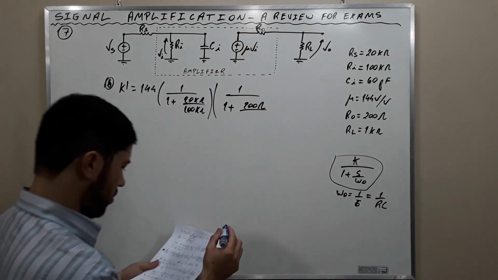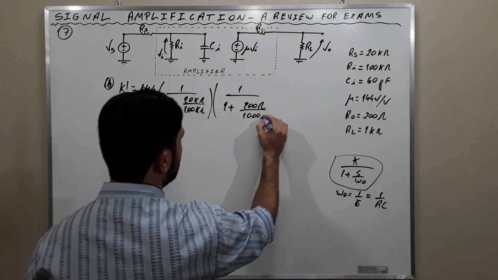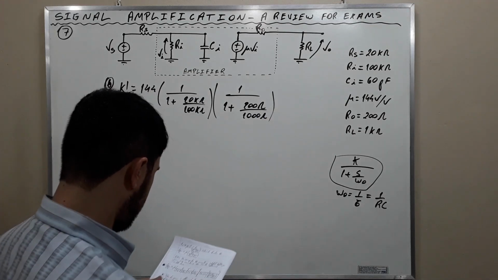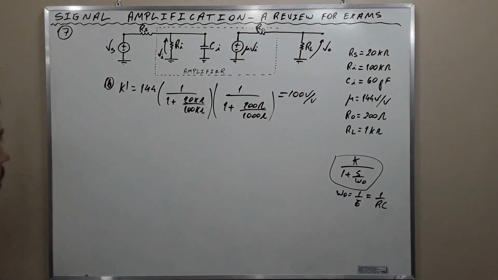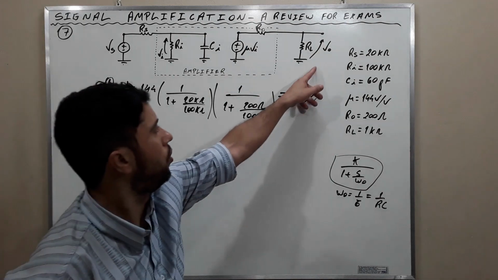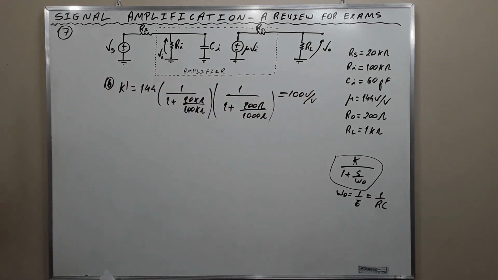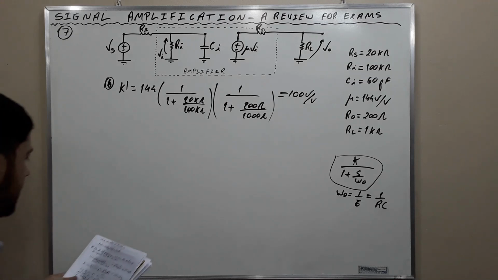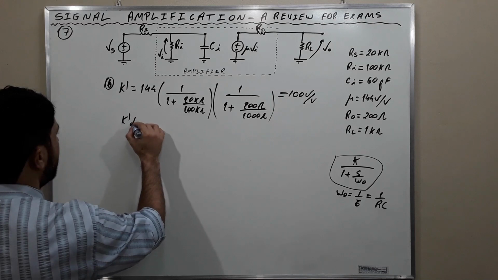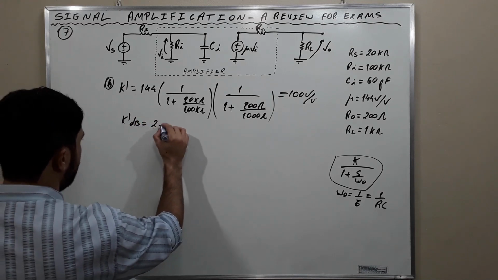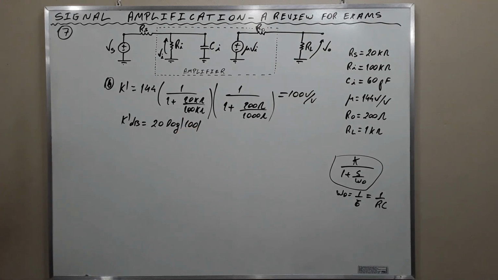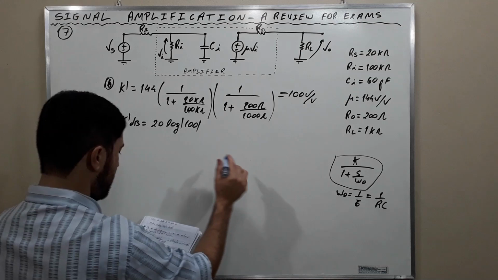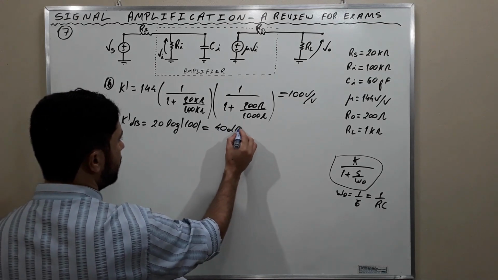RL was given as 8 kilo ohms, 8,000 ohms. And this gives a value of 100 volts per volt. Okay? This is the gain from load to source, the overall gain, which expressed in decibels is equal to 20 times the logarithm of 100. Observe that we have to take the magnitude of the value, okay, and this is 40 decibels.